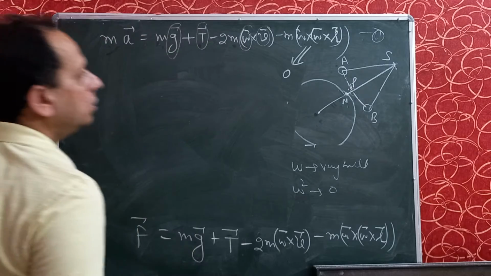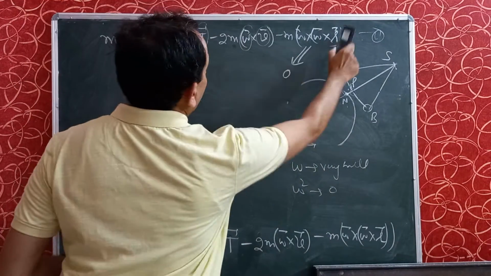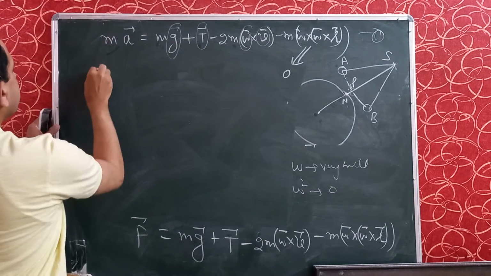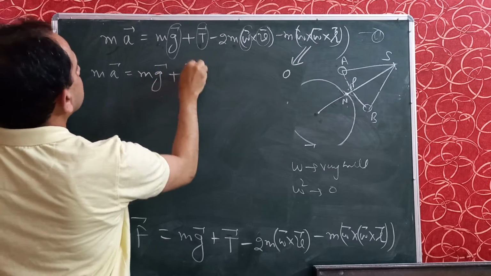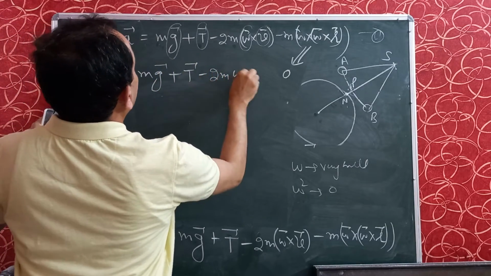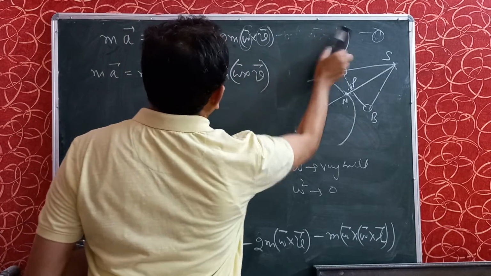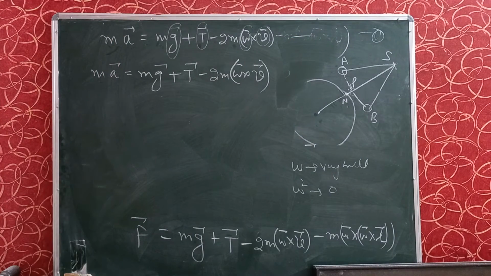Omega square tends to 0, therefore this term can be neglected and omitted from the equation. So the equation becomes m into A equal to m into g plus T minus 2 omega cross V. This term is 0, so this is the final equation.